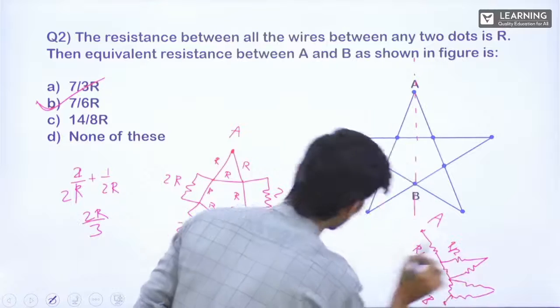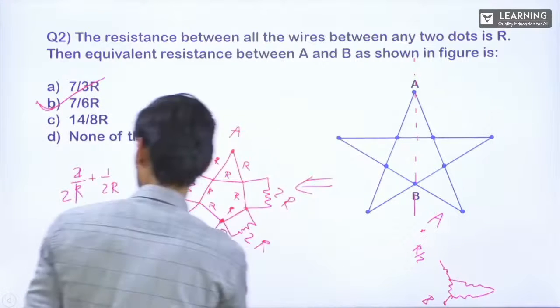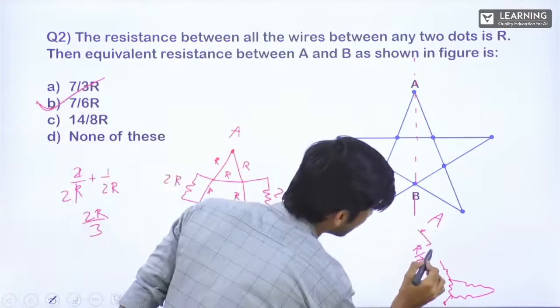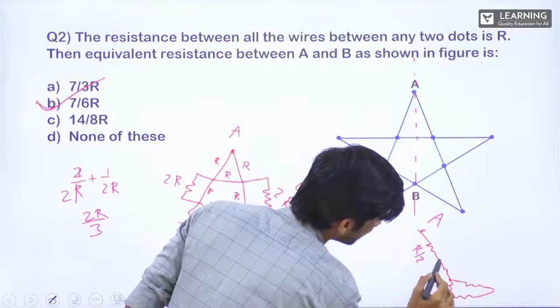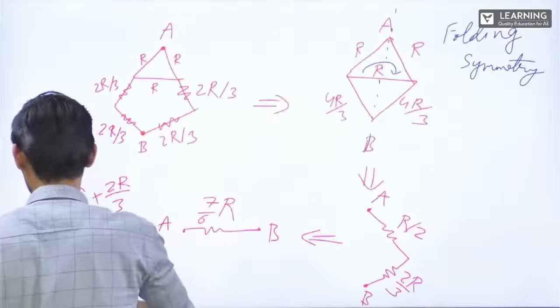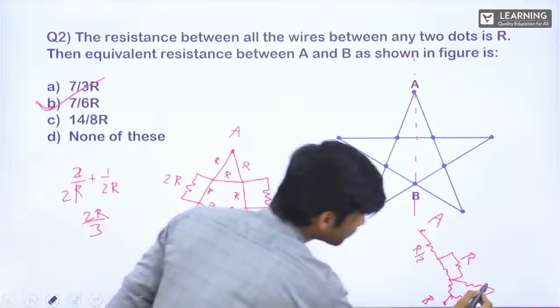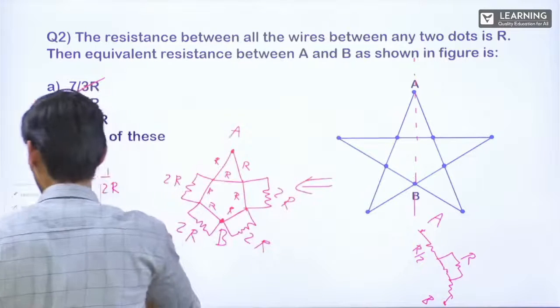Okay, this R by 2, I can join it and make it R. These two, this is R by 2. This part, I can make it as R. These two also, I can make as R.